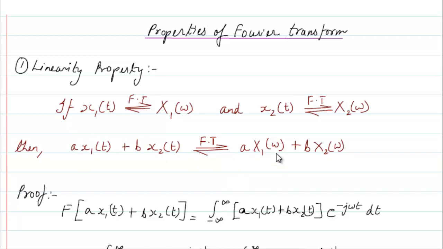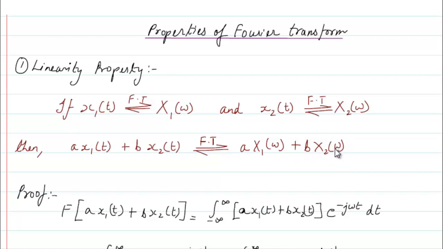Multiplication as such is going to be multiplication this side, only for the case of constant. So if you are multiplying x1 of t with a constant, x1 of omega also you multiply with that constant, plus b multiplied with x2 of t basically converts to b multiplied with x2 of omega.